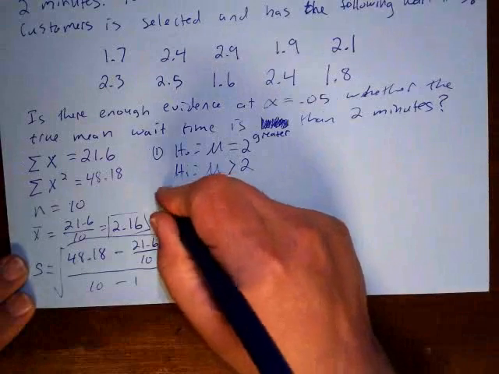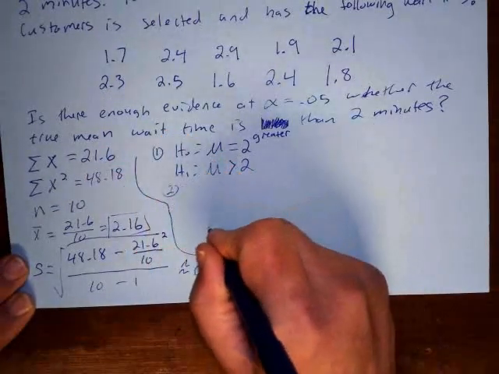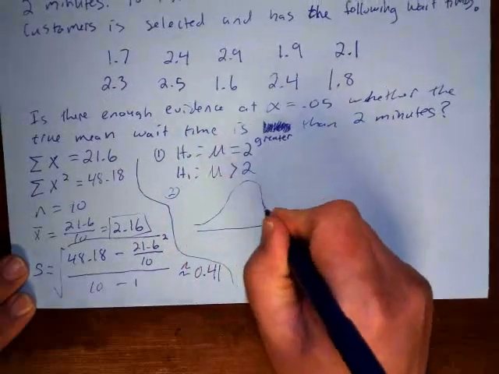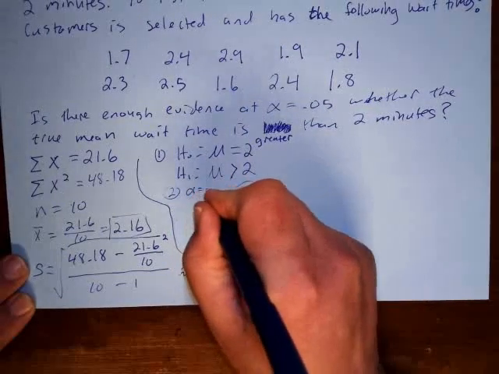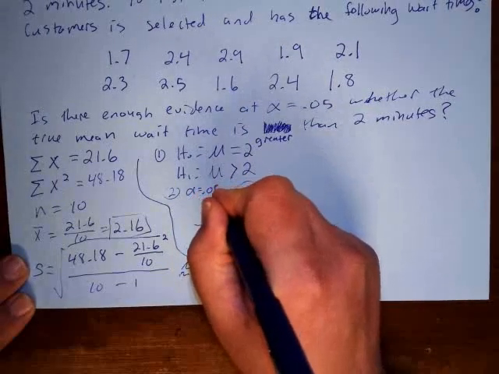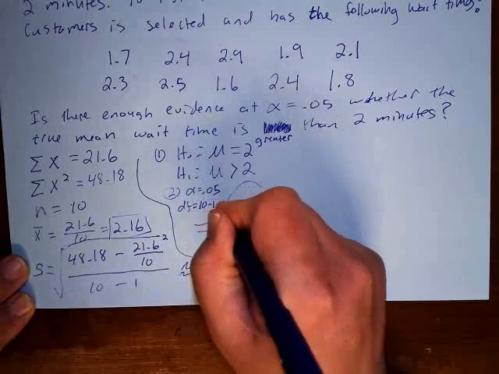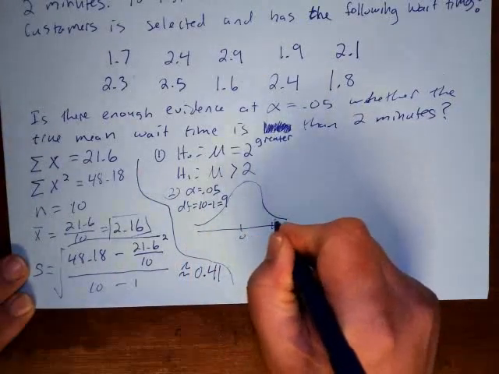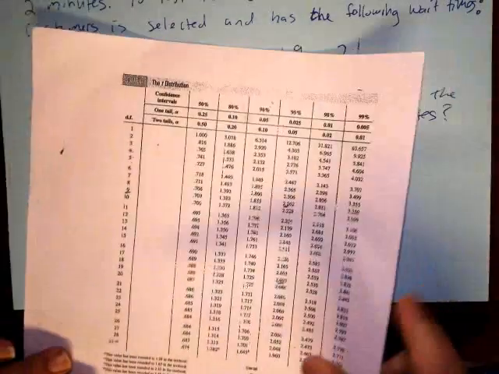Okay, so we'll set up my critical region. So my alpha is 0.05. My degrees of freedom is 10 minus 1, which is 9. This is a right-tailed test. And so I'm going to go to my table.